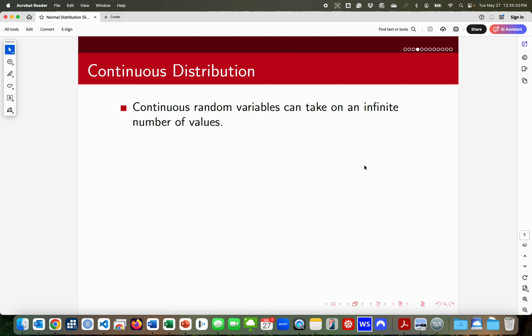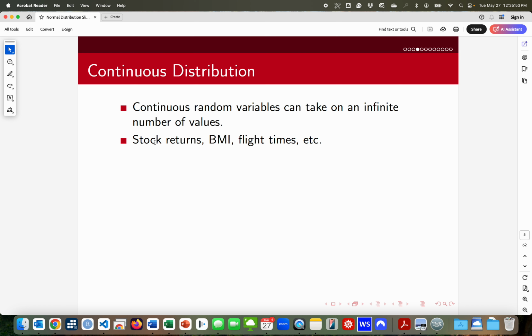Most of what we're going to do in this class will be with continuous distributions. We'll talk about discrete distributions a little bit more in the future in specific examples, but the data that we're going to be working with is primarily continuous, so this is what we'll be spending most of our time thinking about. Stock returns are continuous.